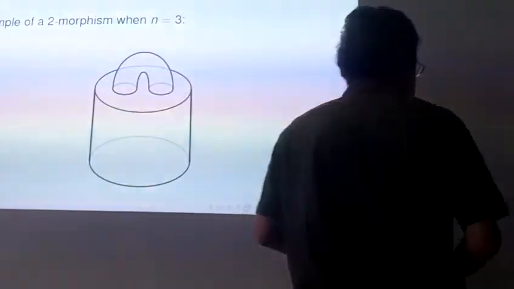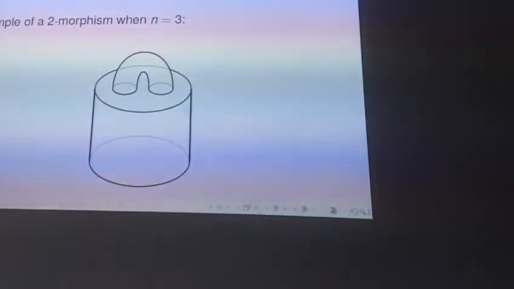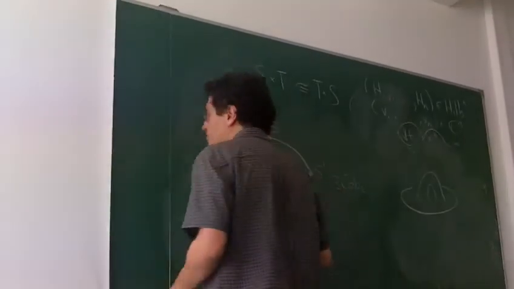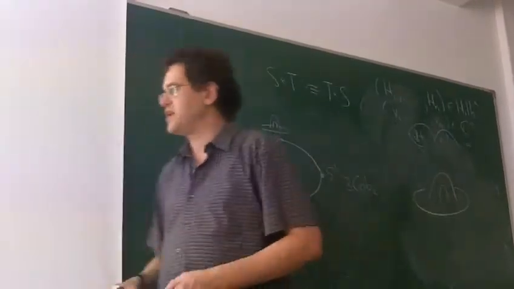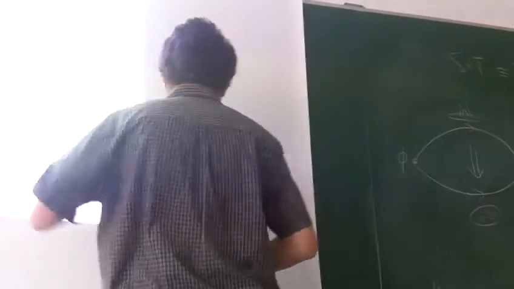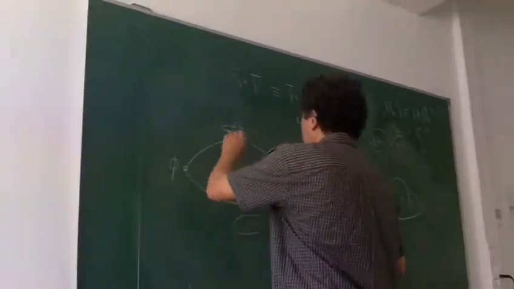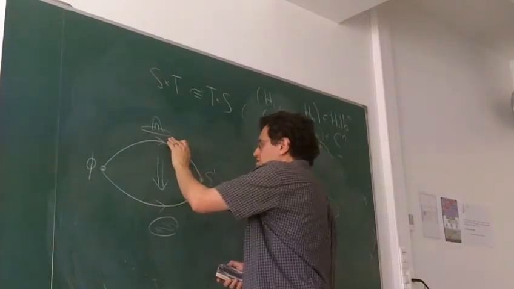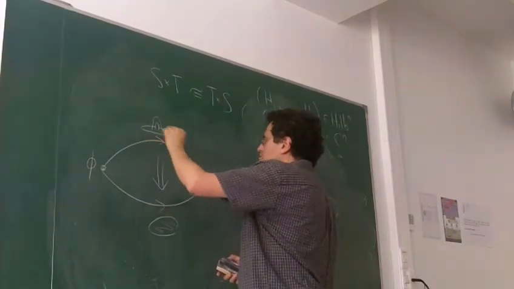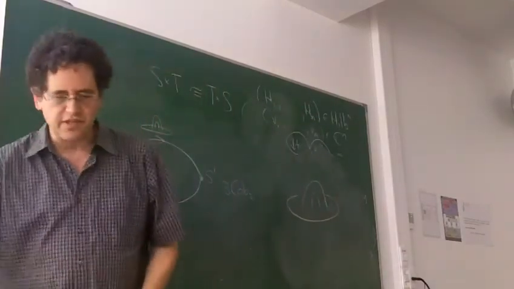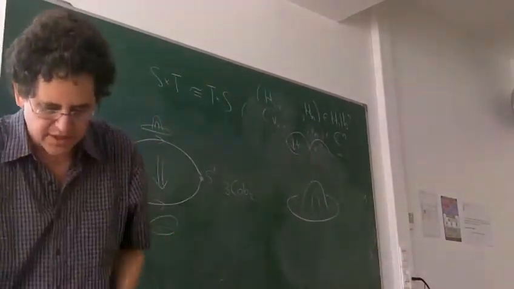I'm allowing these to themselves be cobordisms from a manifold to another manifold, or one-dimensional. And that's useful because it allows us to put together pieces of space. So I could take this cobordism and I could compose it with something else, which would then correspond to sticking together chunks of space.